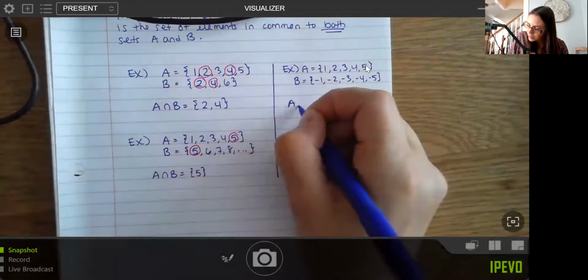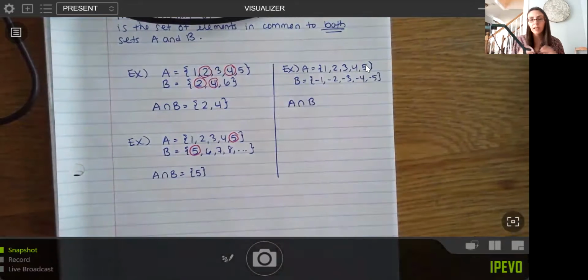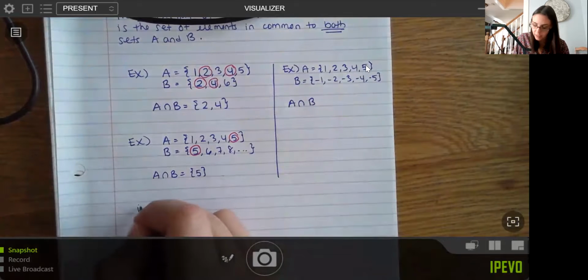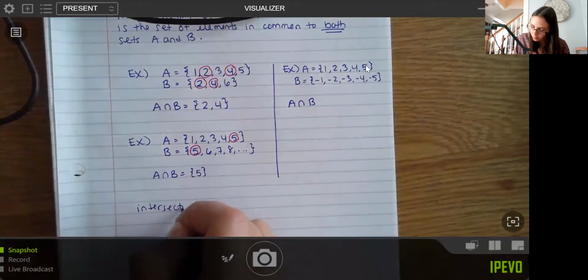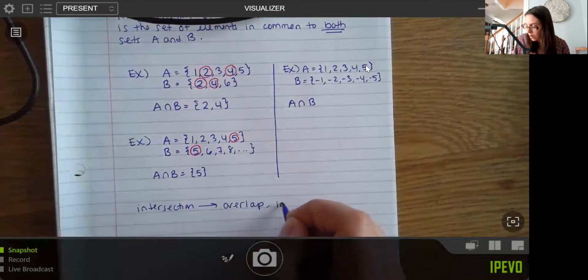What happens is they have nothing in common. There's no intersection. There's no overlap at all. So when you think of intersection, you want to think of overlap. What's in common? Okay, so let's make a note of that. That word intersection, you want to think of what is overlapping or what is in common.